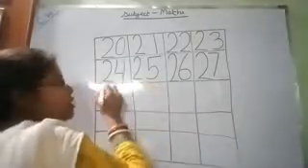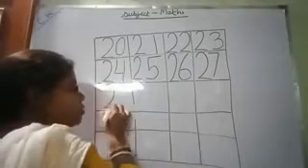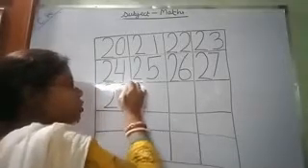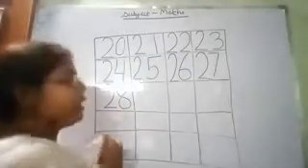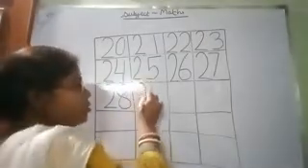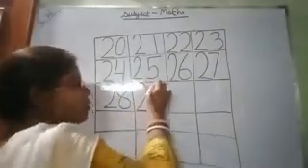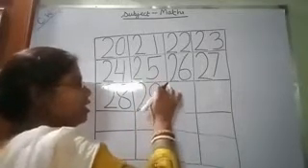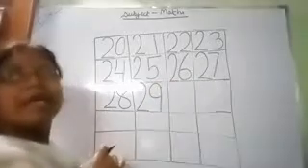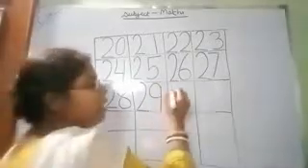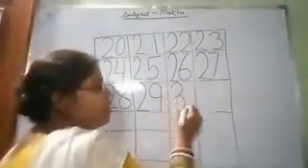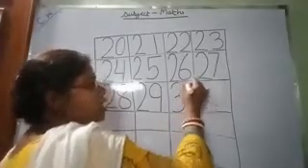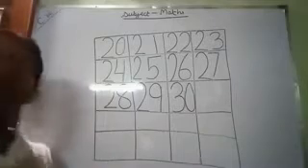After 27, 2, 8, 28. Then 2, 9, 29. Then 3, 0, 30. Okay.